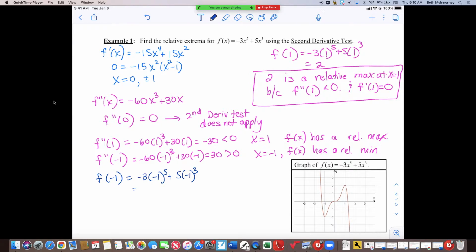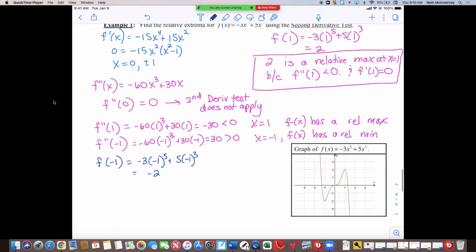So that's, what, -2. So I would say -2 is a relative minimum at x equals -1 because f double prime of -1 is greater than 0 and f prime of -1 is 0.